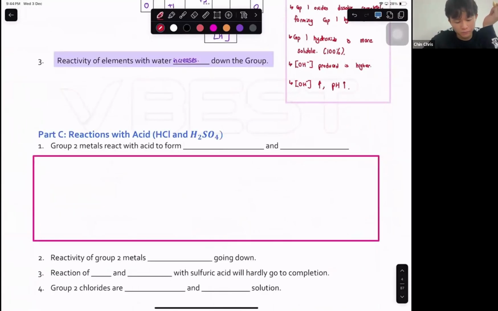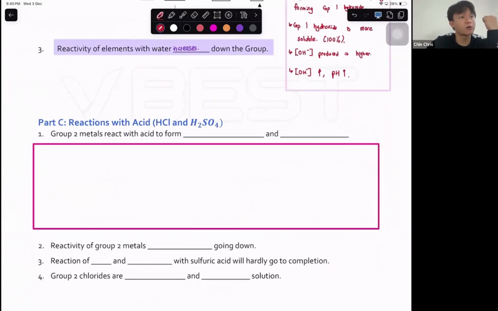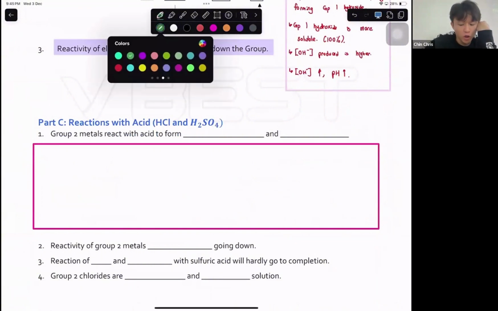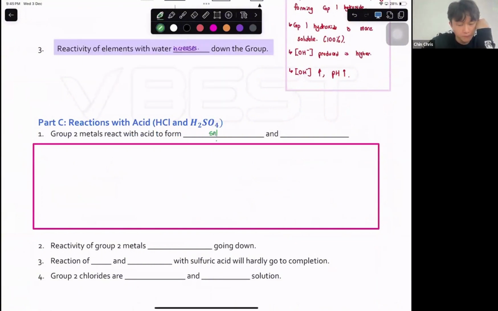Alright, guys, next. Group 2 metal reacts with acid to form what? Salt and hydrogen gas. Alright, guys, I give you multiple equations.